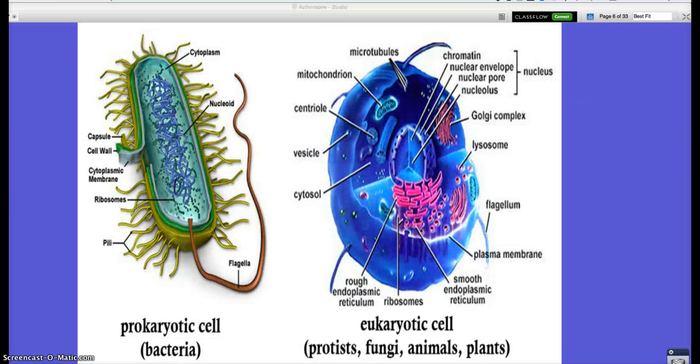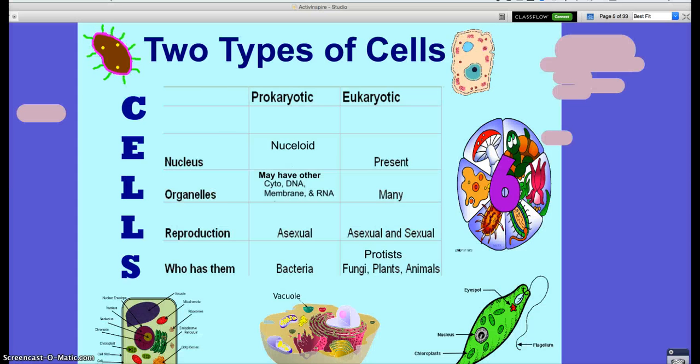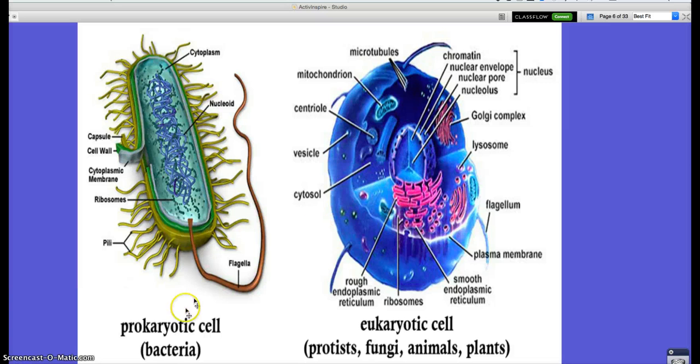All right, so here's a visual of the complexities between a prokaryotic and a eukaryotic cell. Now remember I told you they can have more. This is another structure. This is another structure. A cell wall is another structure. I'm going to talk about all of those while teaching you eukaryotic cells.